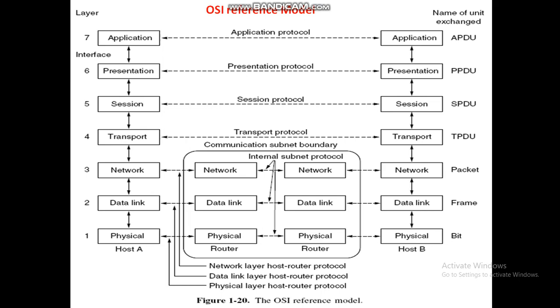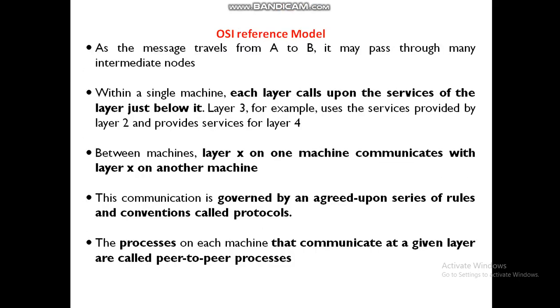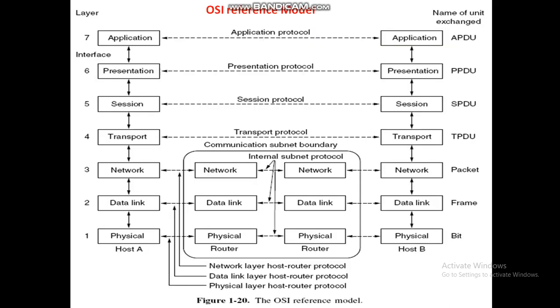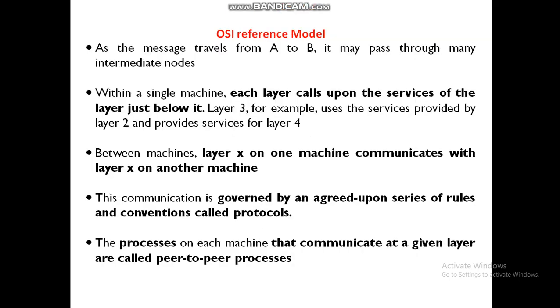The same thing is explained in this slide also. There are two different machines. One is a host machine, host A, and the second is the receiving machine, host B. The message travels from A to B through many intermediate nodes.